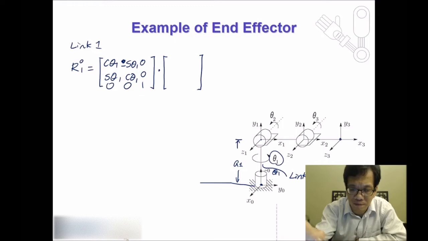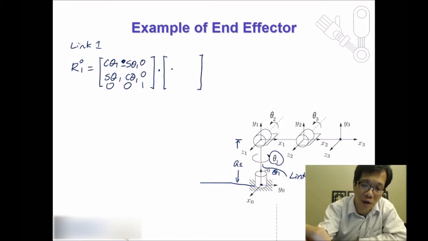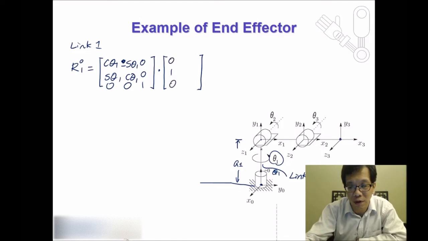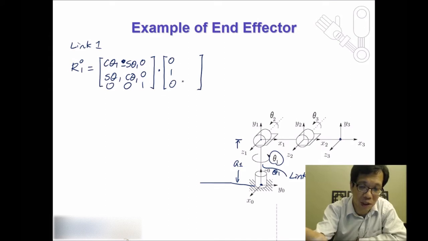But clearly, by comparing the old coordinate system and the first coordinate system, we find that x1 is along the old y0 direction. So it is going to be 0, 1, 0. The y1 direction, which is the second column over here, is actually projected onto the z direction.